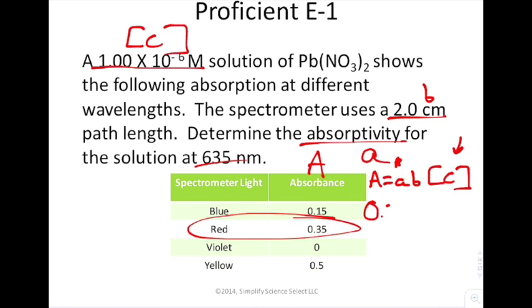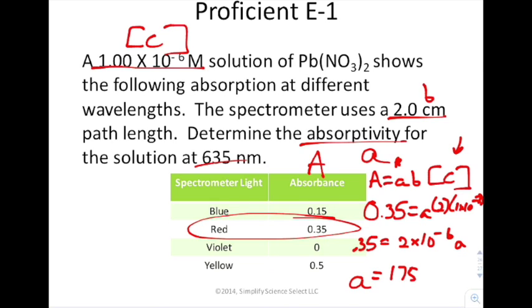So I'd say 0.35 equals A times 2 times 1 times 10 to the minus sixth. So when you do this, you get 0.35 equals 2 times 10 to the minus sixth A, and then you divide and solve for A, and A ends up being approximately 175,000, and then it's molarity to the minus 1, centimeters to the minus 1.